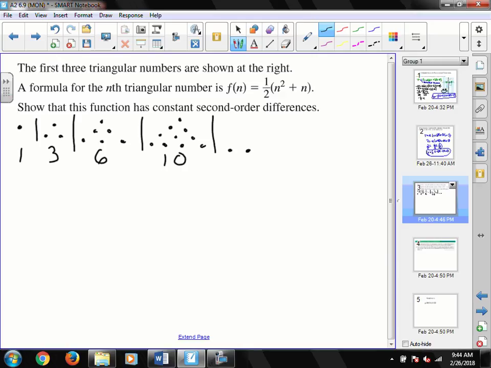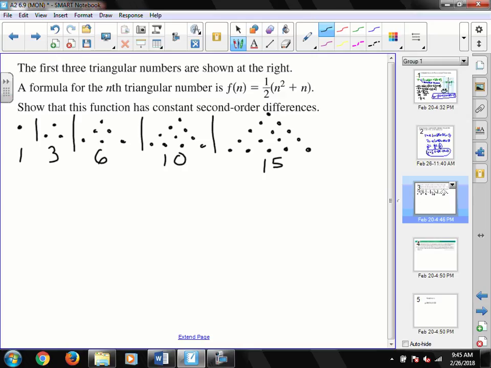I'm going to have 5 on the bottom. So they're triangles, hence why they're called triangular numbers.